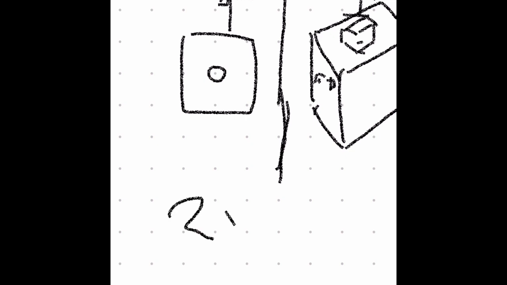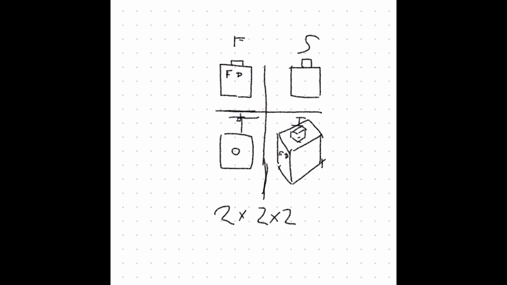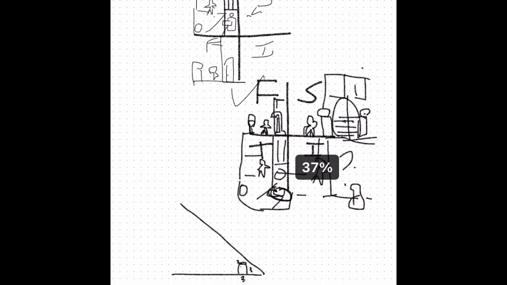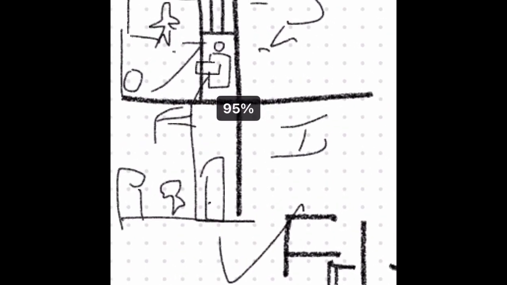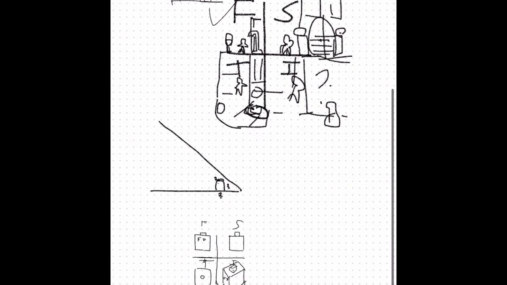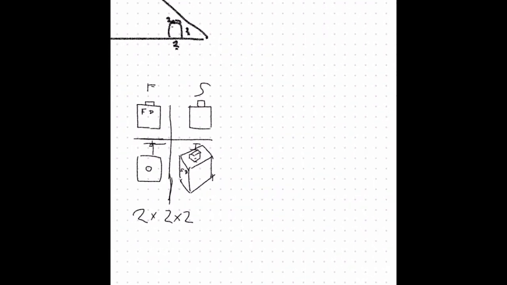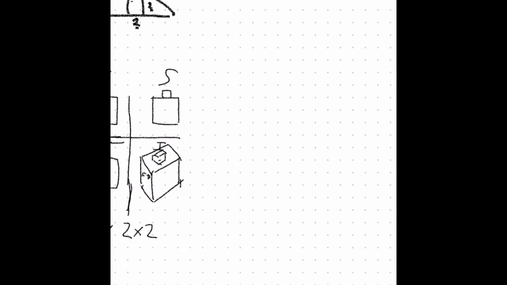We said it's 2 by 2 by 2. So when it comes time to make this very crazy drawing where we messed up, at least we got the fire hydrant dimensions.